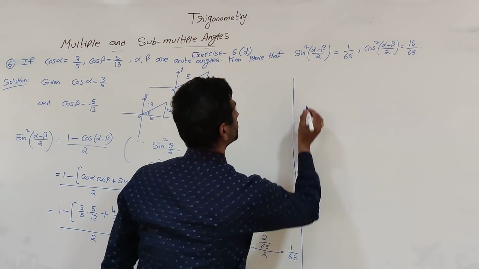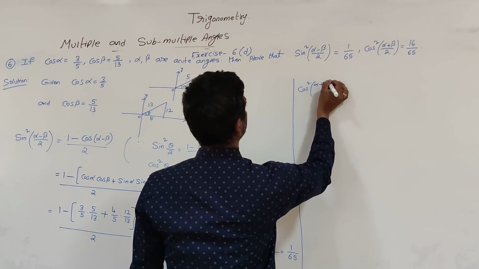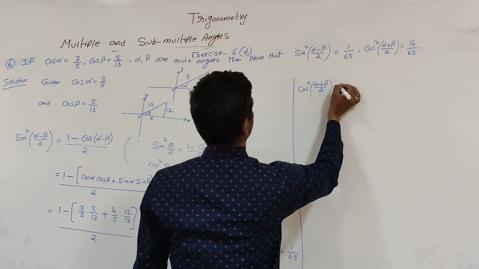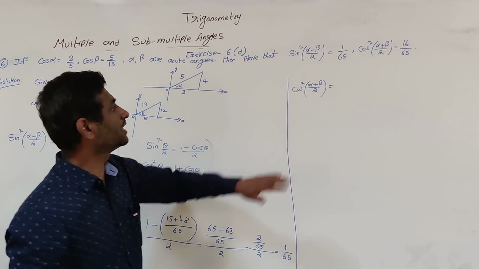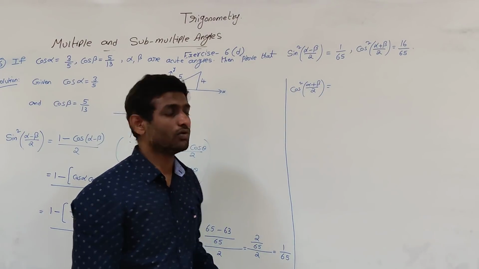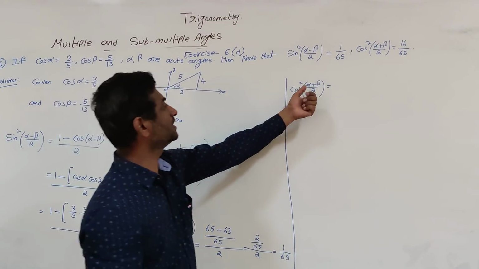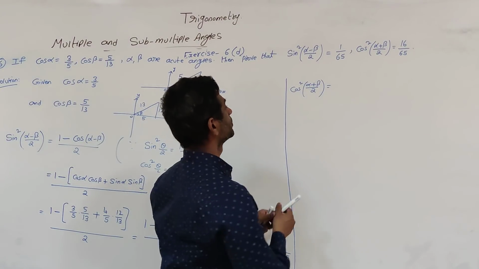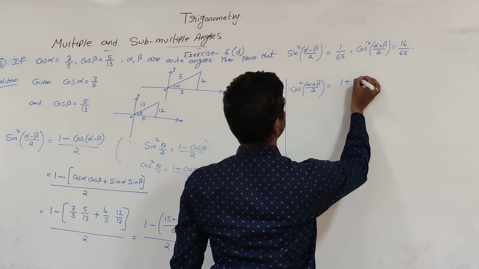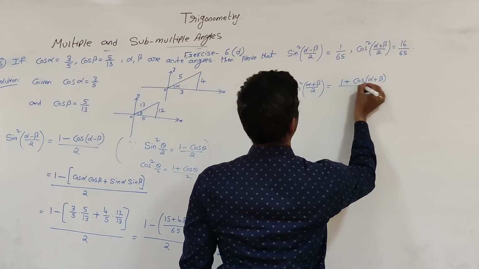Next, we'll go for cos square of (alpha plus beta) by 2. Again, if you assume that alpha plus beta is theta, then it will be cos square theta by 2. What is cos square theta by 2? It is (1 plus cos theta) by 2. But in the place of theta it is alpha plus beta. So it will be (1 plus cos of (alpha plus beta)) upon 2.